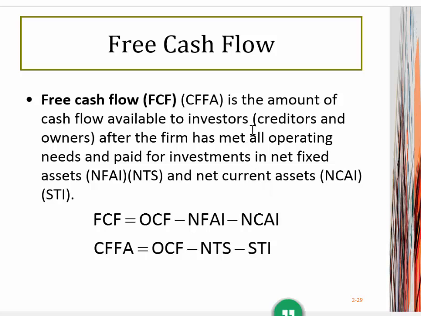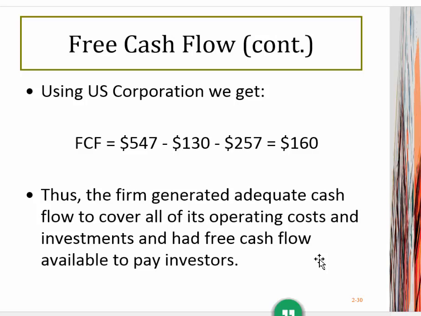Again, the creditors, just to remind us, are both creditors and owners. This is a very important number for investors in capital. They want to have some feeling of how certain the cash flow payments would be on their investments.